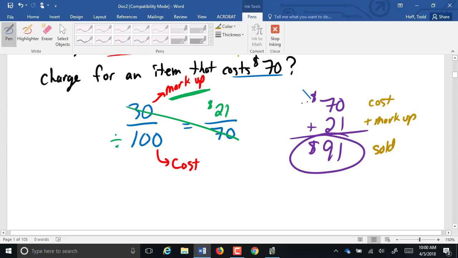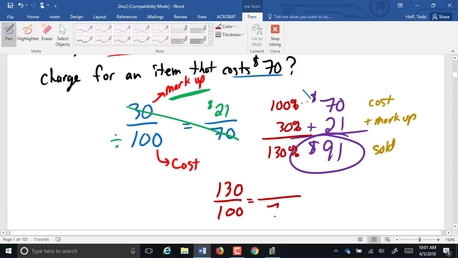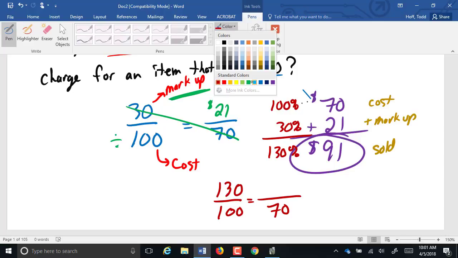So again, we can look at the cost being 100%. That was the basis of the calculation. The markup is 30%. That resulted selling price is 100 plus 30 or 130%. Rather than finding 30% and adding it on, we could have found 130% of that $70 cost.